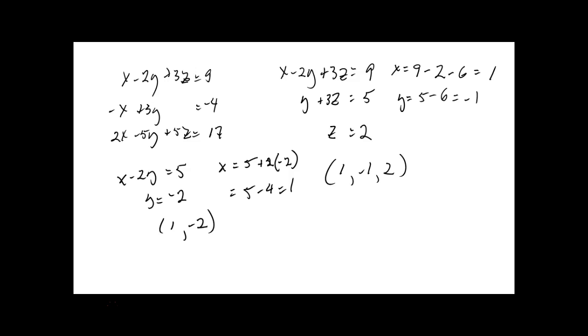Now, there's got to be a way to get from this to that, knowing that we're going to have an equivalent system. There are 3 rules we have to follow. Okay? And the first one makes perfect sense. Each of the following operations on a system of linear equations produces an equivalent system.